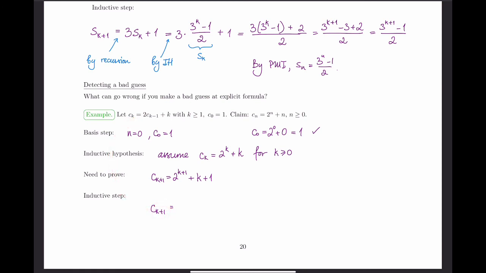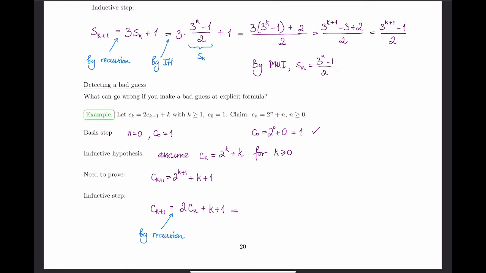We're going to get that this is equal to 2c sub k plus, remember, this has to be the same as the index. My index here is k plus 1, so the thing I need to add here is k plus 1. So this is given to me by recursion.